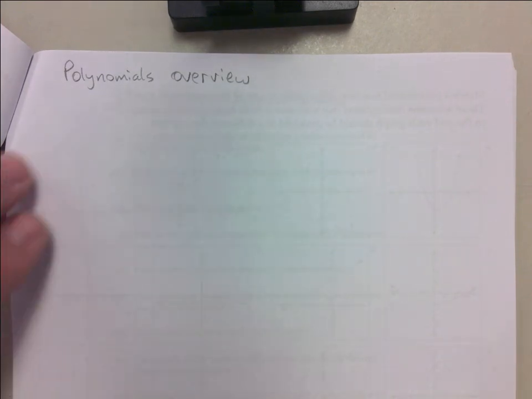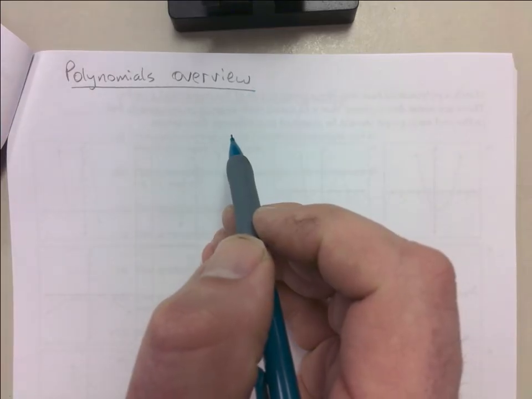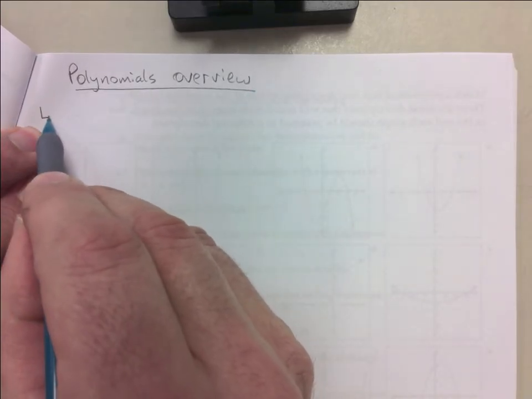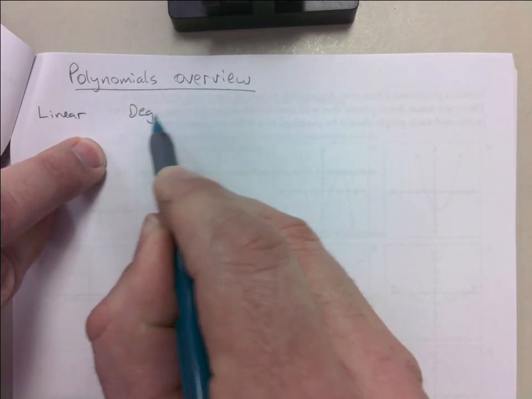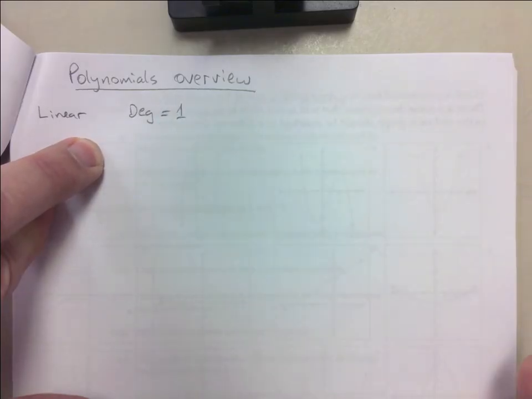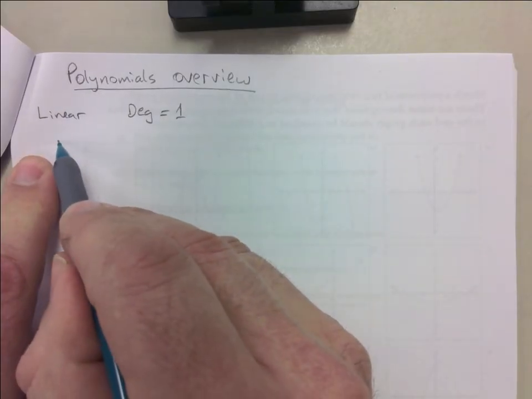This is on page 22. Okay, so we talked about the three main polynomials here. So we've got linear. It has a degree of 1. And in general, it looks like this.